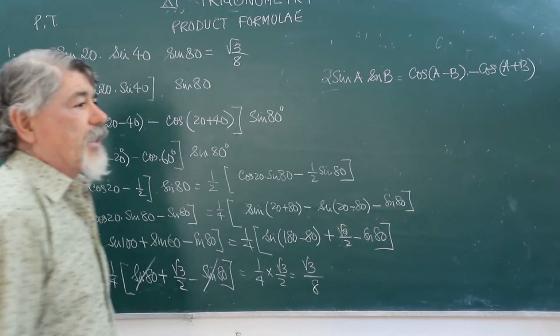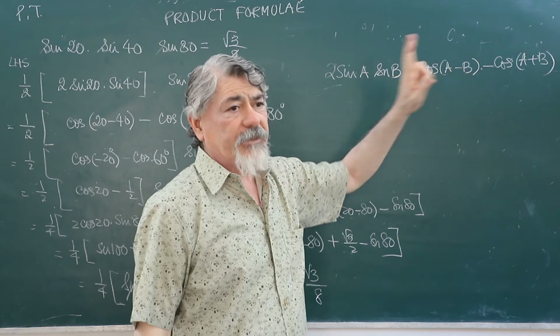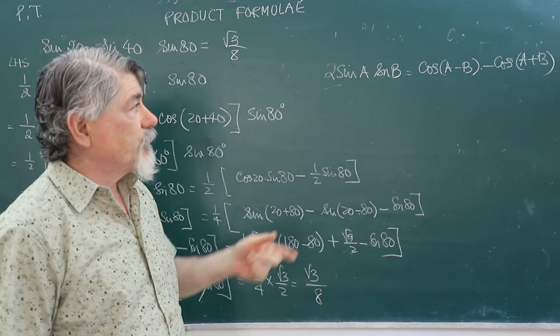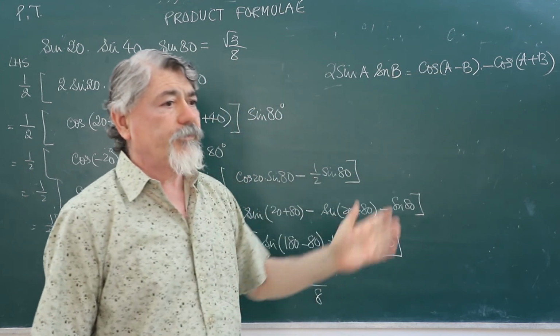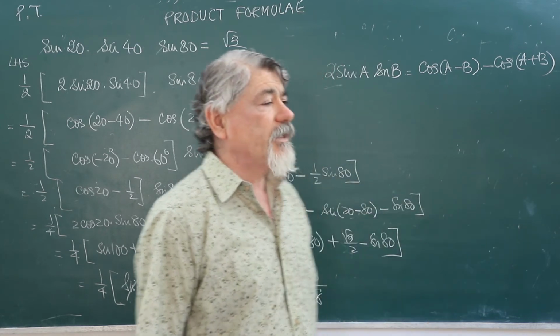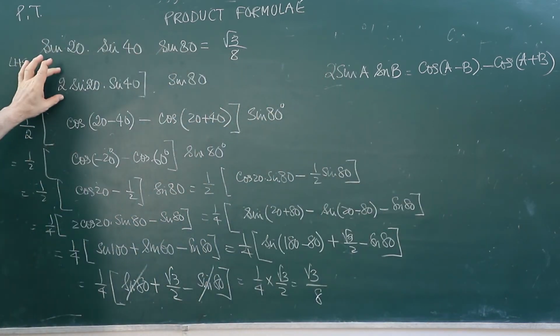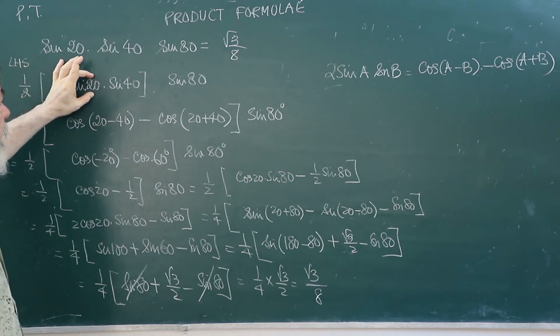Everywhere A plus B comes as the first term, but only in this formula the first term comes as cos A minus B. So we get 2 sine A sine B, cos A minus B minus cos A plus B.